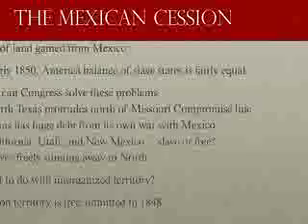North Texas, and we saw the map of Texas before, protrudes or pushes up into areas north of the Missouri Compromise line. Now, if you remember from a couple of chapters ago, the Missouri Compromise cuts right across the middle of the United States, and north of that line there cannot be slavery.